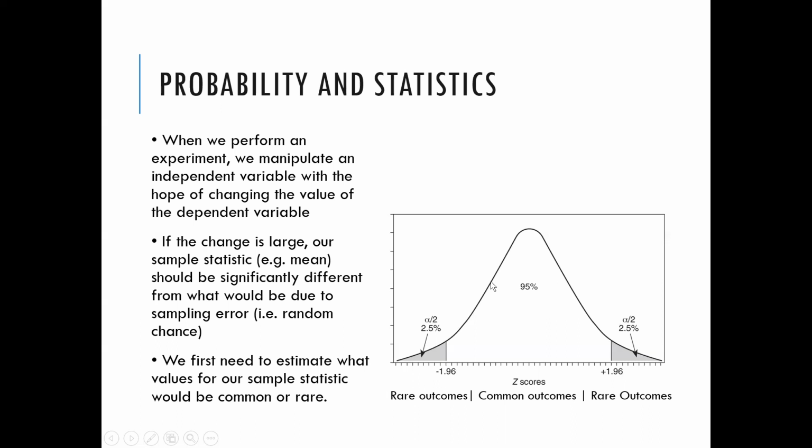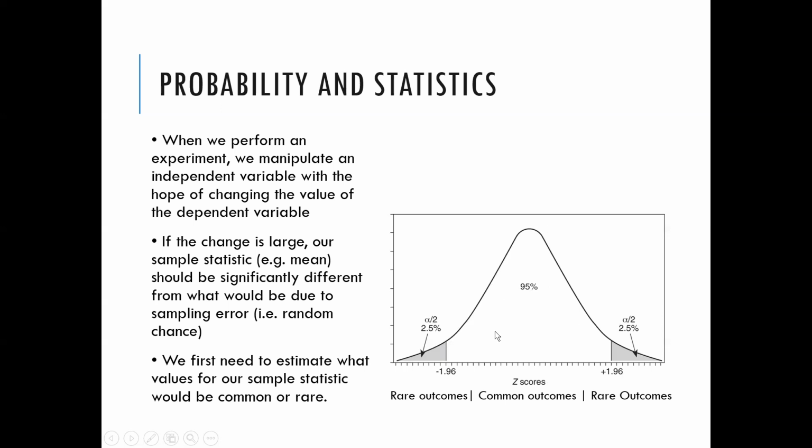So if you can imagine, the area under this curve corresponds to a value of 1. Remember, probability ranges from 0 to 1. And the center here corresponds to the mean. In a standardized normal distribution, there is a mean of 0 and a standard deviation of 1. What this is saying is that 95% of this curve falls within a range of the mean plus or minus almost 2 standard deviations.